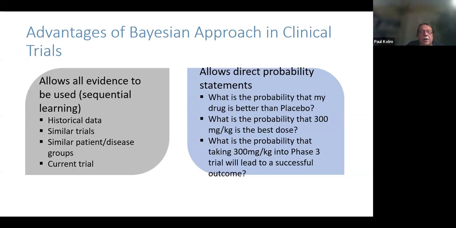So you can say, what is the probability that my drug is better than placebo, for example. So you're calculating a probability statement that applies directly to the null hypothesis or to the alternative hypothesis.